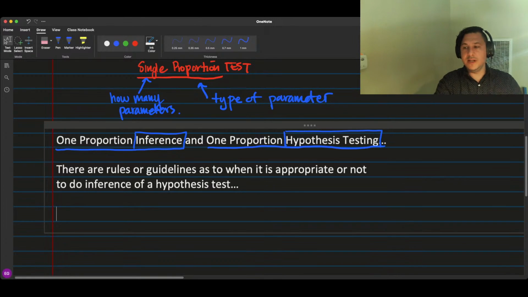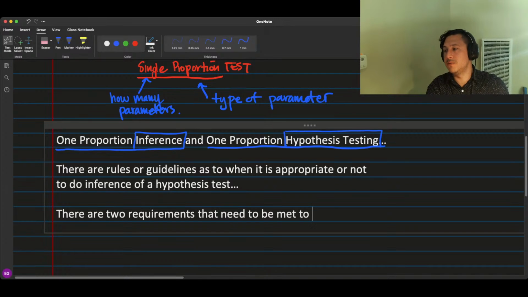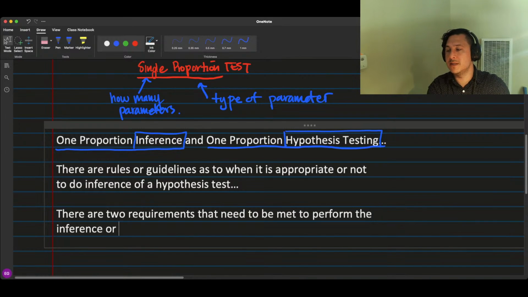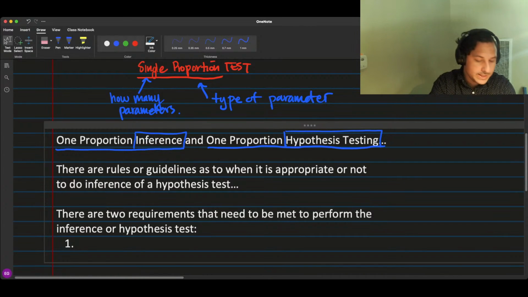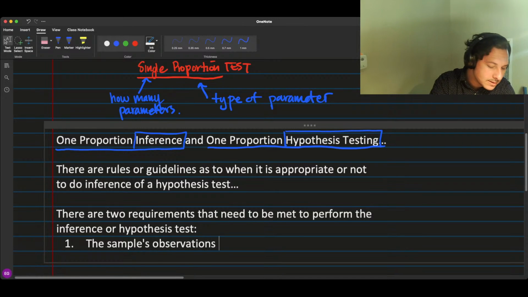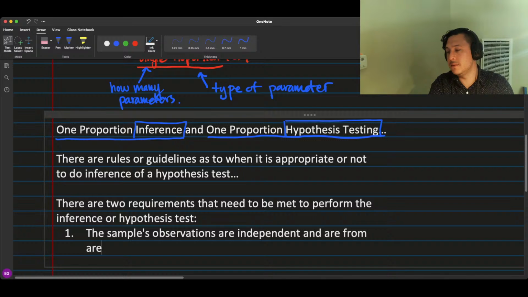Okay, so there are two things you need to know. There are two requirements that need to be met to perform the inference or hypothesis test. 1. This has to do with the sample. The sample's observations are independent and are from a random sample.